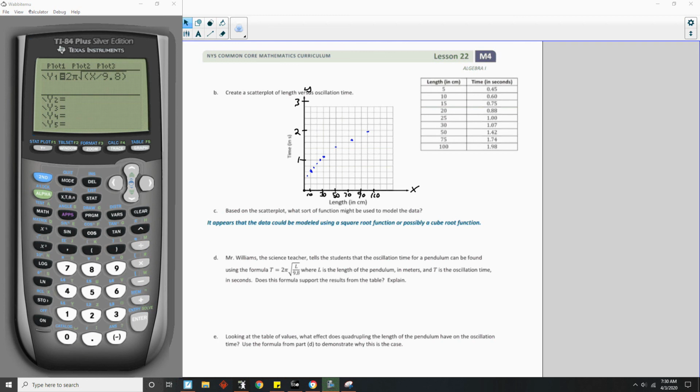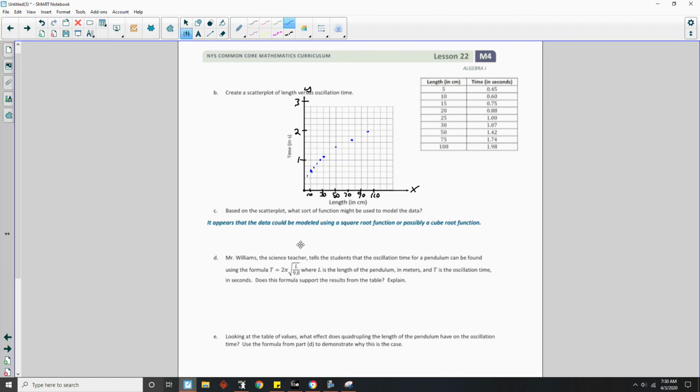Okay, so what's going on here is, if you read the directions, it says the length of the pendulum is in meters. The formula is T equals, so this is T time, and this is L length. L is in meters. Well, this is in centimeters.